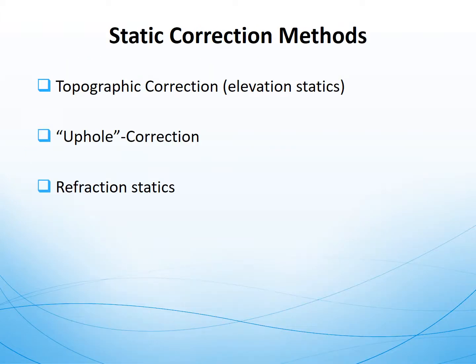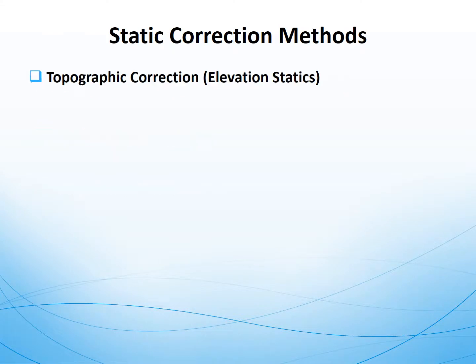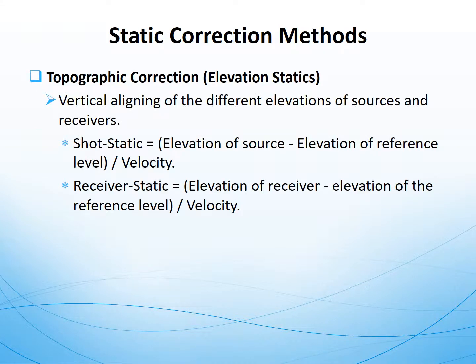Another method is by using the topography, by using the elevation static or uphole correction as well as the refraction static. First one, the elevation static, is a vertical aligning of the different elevations of the sources and receivers. The shot static equals the elevation of source minus the elevation of the reference level, divided by the velocity of the subsurface.